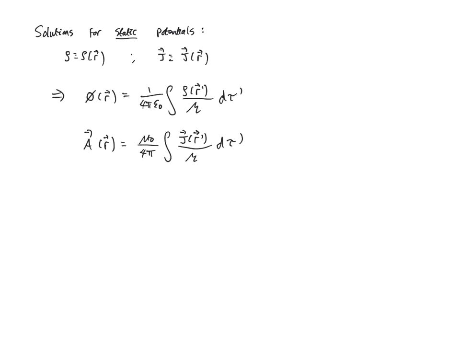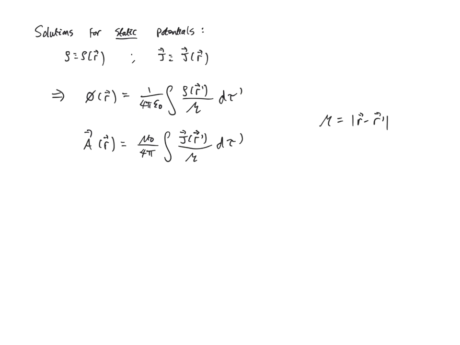We get these familiar expressions, where this script r downstairs, of course, is the magnitude of the vector separation between the field point evaluated at a point r and the source point evaluated at a point r primed, which is then being integrated over.